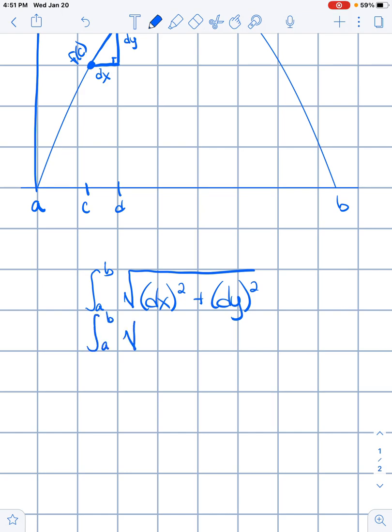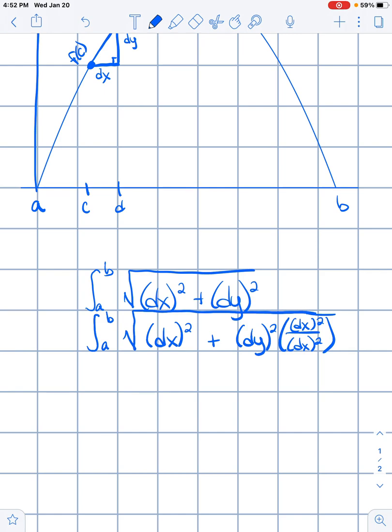What I'm going to do is rewrite my dy squared. I'm going to introduce a fancy form of 1. I'm going to multiply dy squared times this fancy form of 1, dx squared over dx squared.